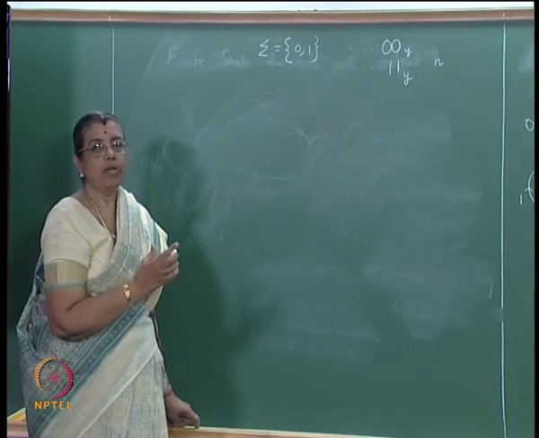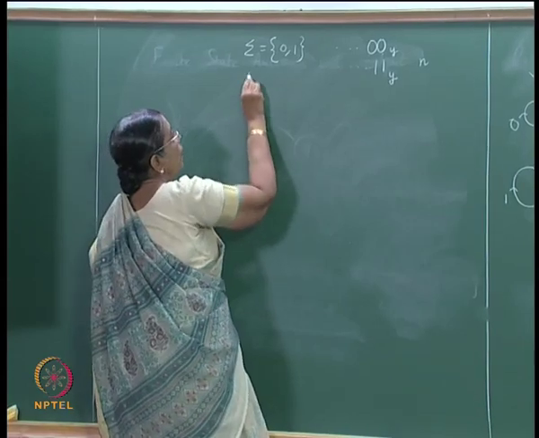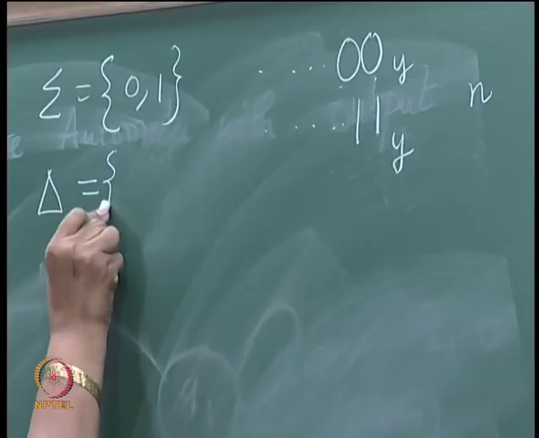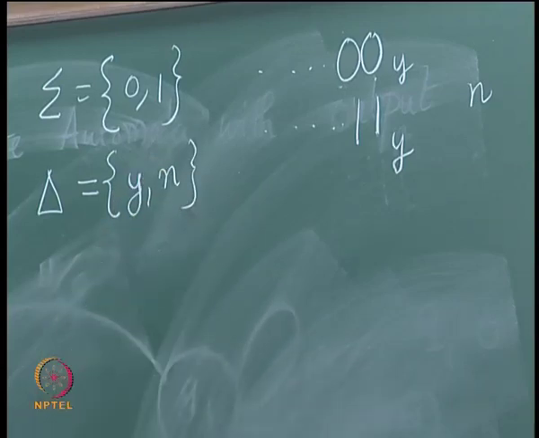If they are not, you output a N symbol. Okay. So, what is the output alphabet? The output alphabet is yes or no.